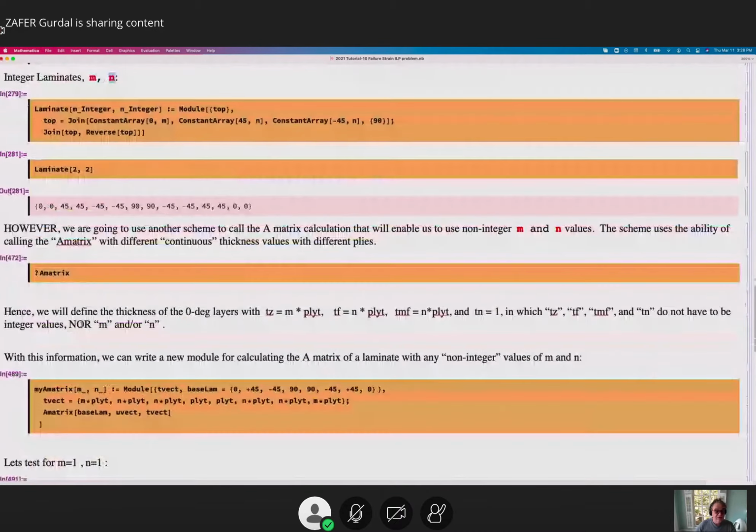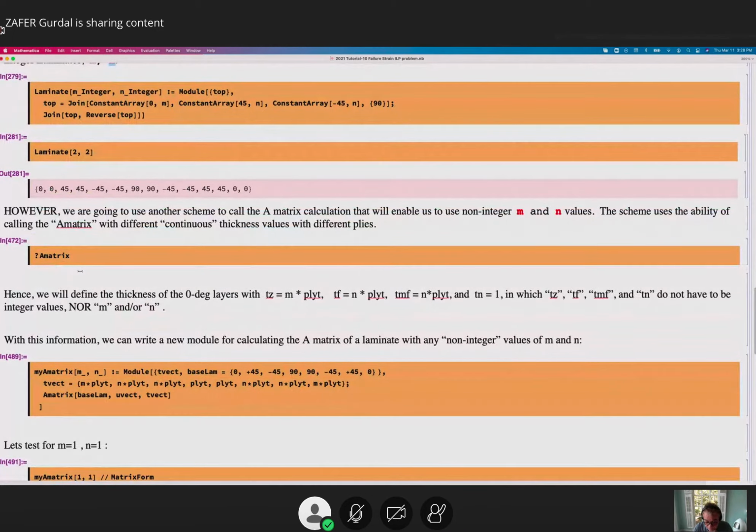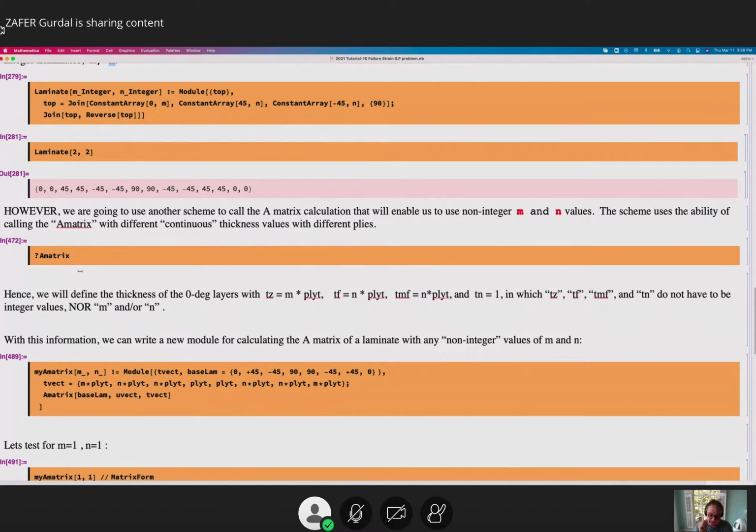So what I did instead was not a variable amount of 90 degrees, because I want to do a design problem with only 2 variables. Later on, I can actually plot things in two design variables, making 2-dimensional plots.